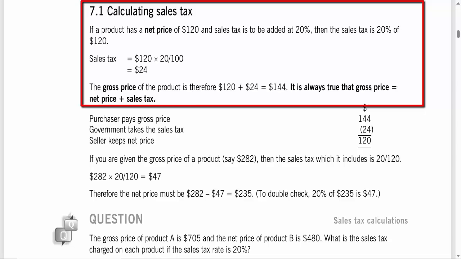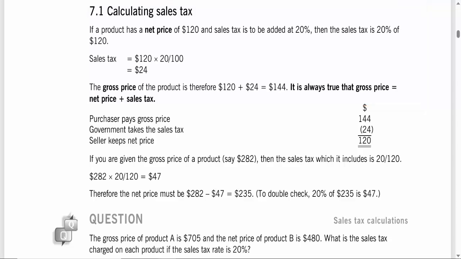3. Calculating the sales tax. To calculate 20% of $120, we multiply 120 by 20 and then divide by 100 to convert the percentage into a usable figure. The calculation is as follows. Sales tax equals $120 times 20 divided by 100. This equals $24. 4.